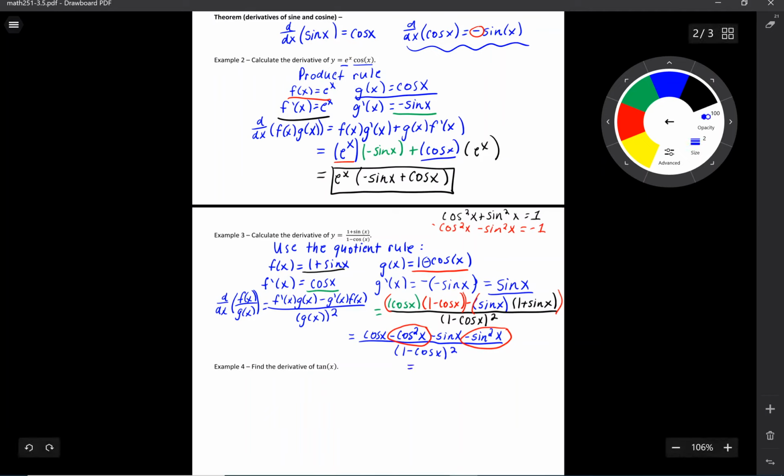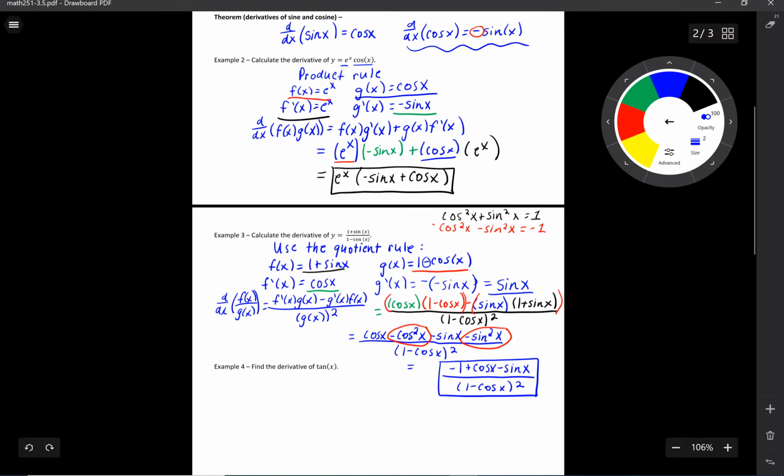So I'm left with negative 1, plus cosine x minus sine x over 1 minus cosine x squared. That looks a little bit nicer than what we had before we simplified it. Plus, I wanted to remind you guys about those good old trigonometric identities that we have.